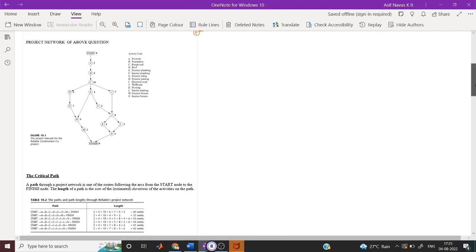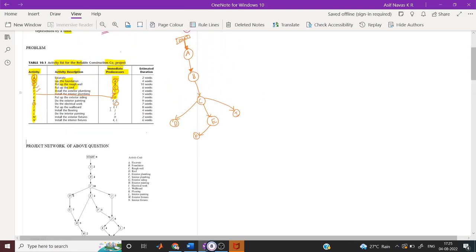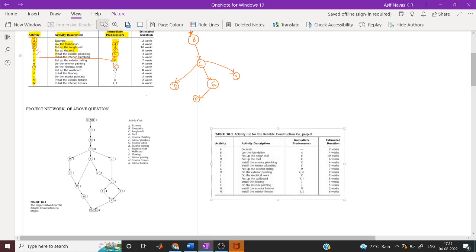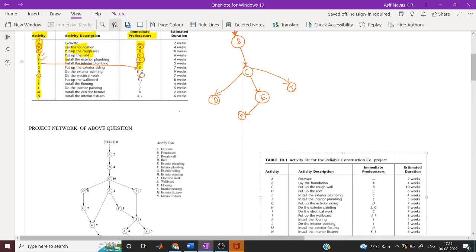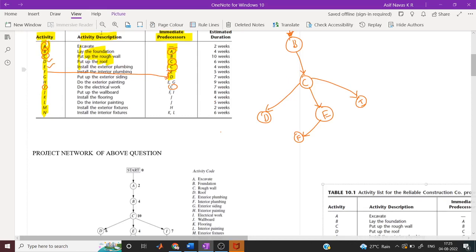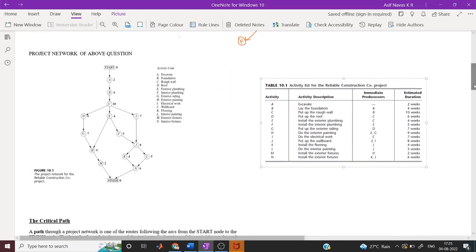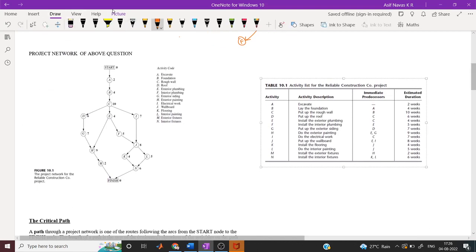So I am copying this. Now look here. We must have a start. This is the project network start.